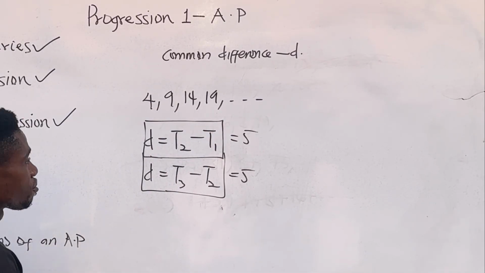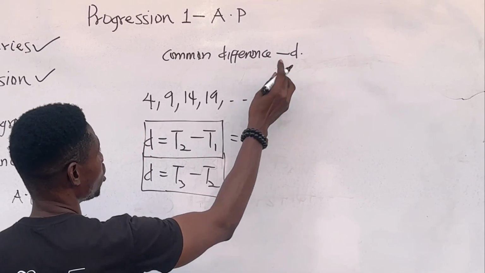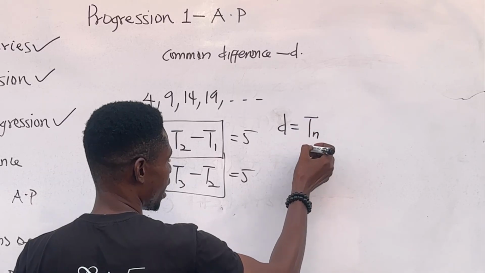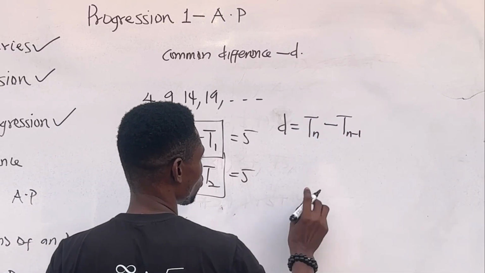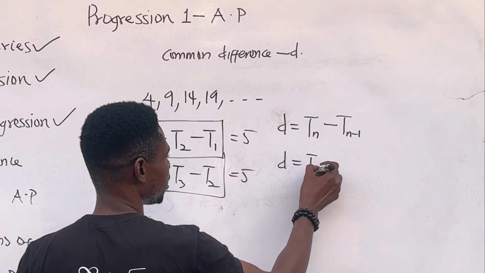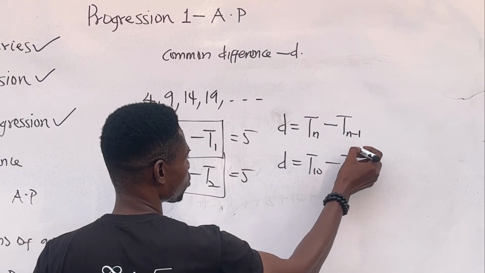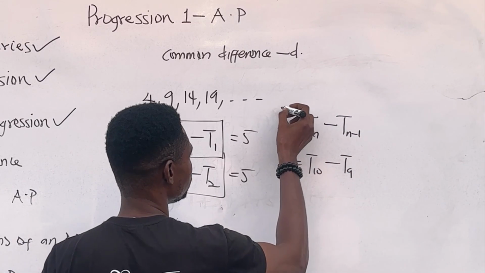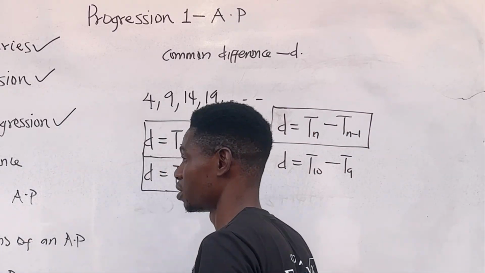So the general formula is that common difference, which we're going to be calling D, D is equal to Tn minus Tn minus 1. So if n is 10, this will be T10 minus T9. So just the terms must be consecutive. So this is our standard formula for common difference.